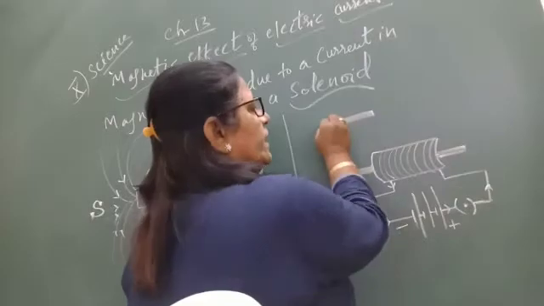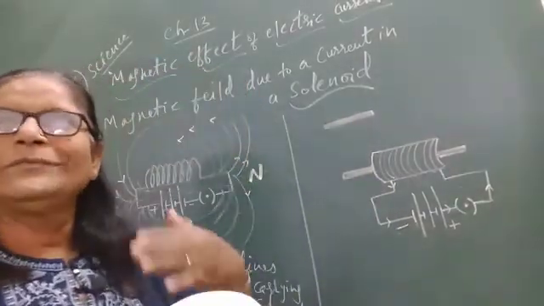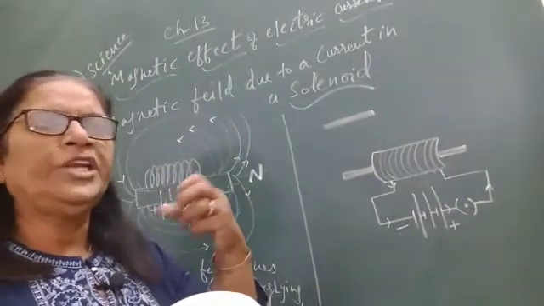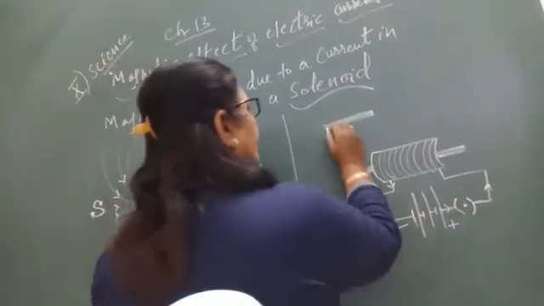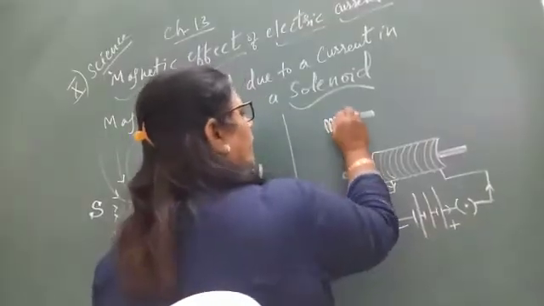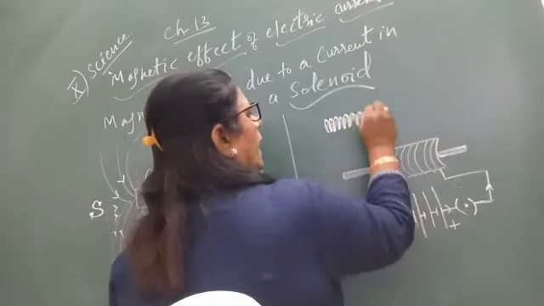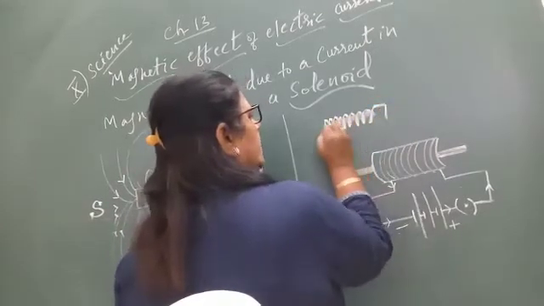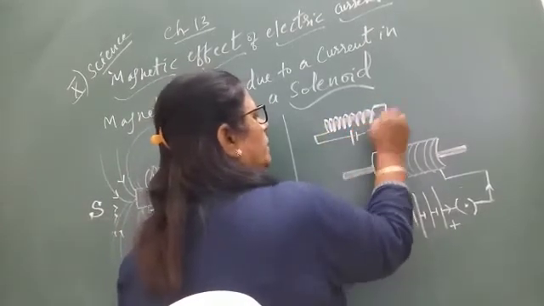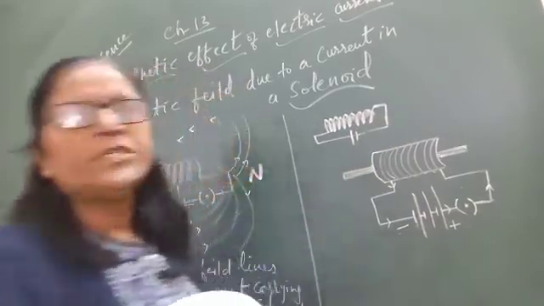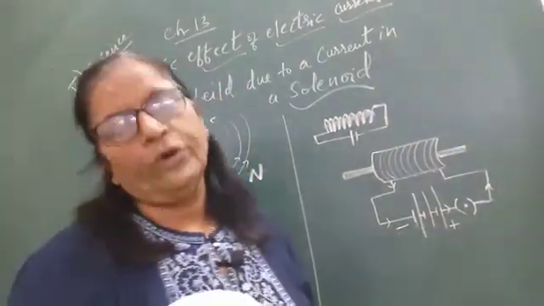Suppose you take a cylindrical shape, 2-3 nails, and wrap a copper wire around it, and its two ends you connect with a battery, then that structure is called a solenoid.